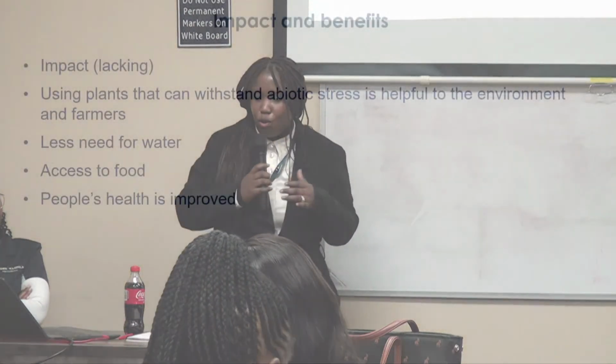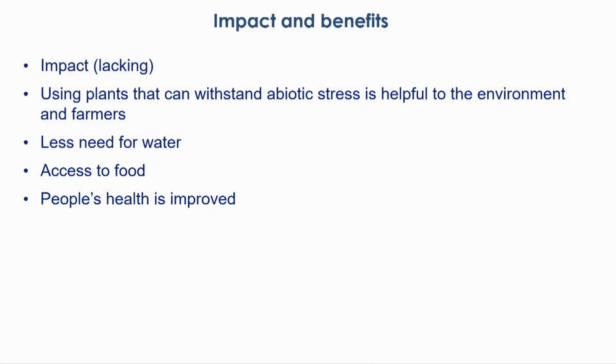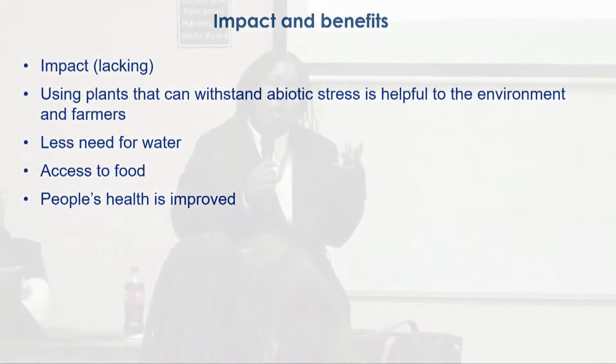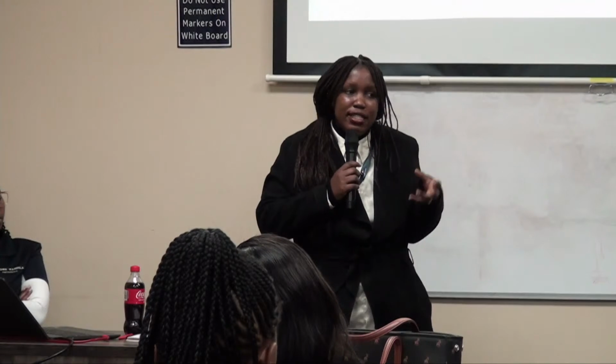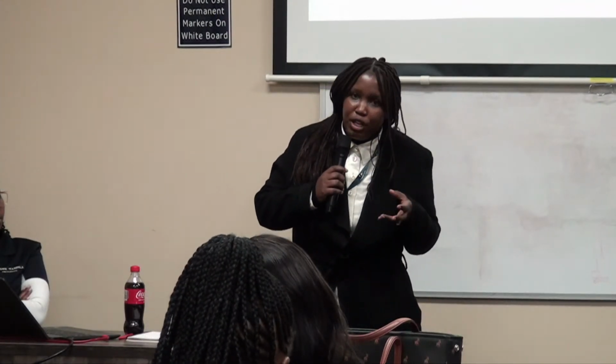And I would like to also look at the impact and the benefits of sorghum. One of the things that has happened over the years is that people have strayed from the plants that are actually indigenous to Africa and have imported other plants into Africa.